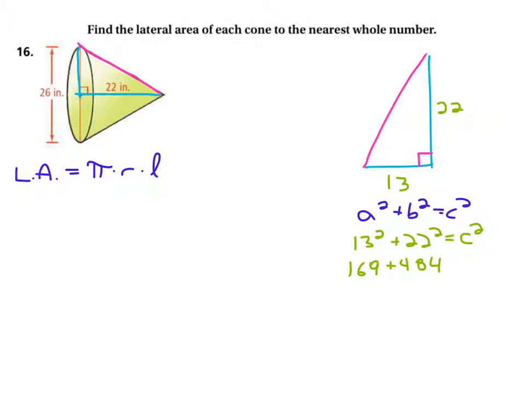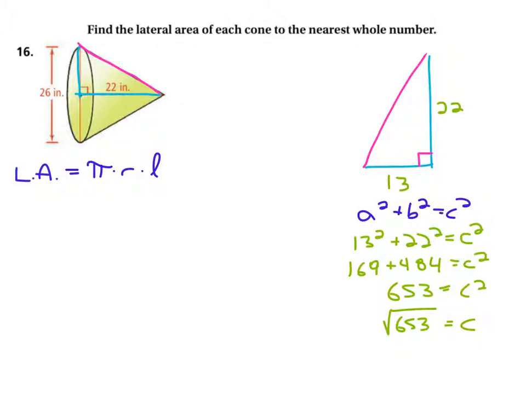Let me just confirm that that's right. Yeah. When we add them together, we get 653 equals c squared. So c, which is going to be our slant height, will be the square root of 653.